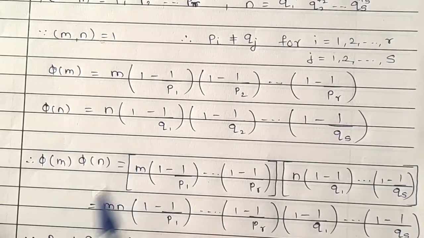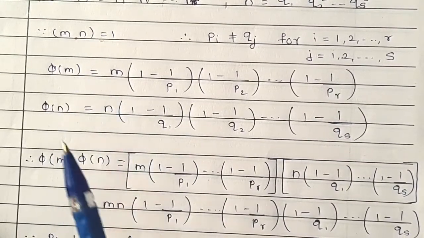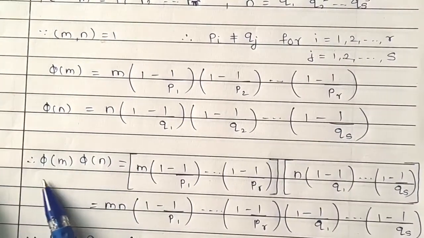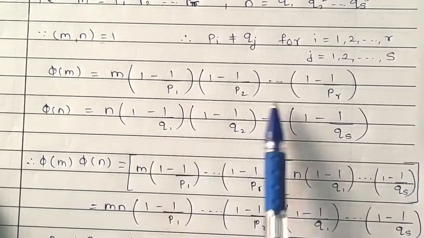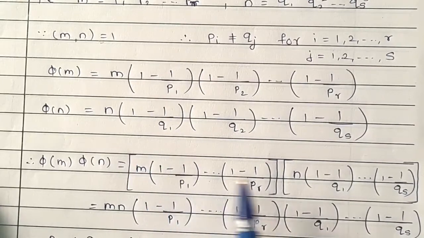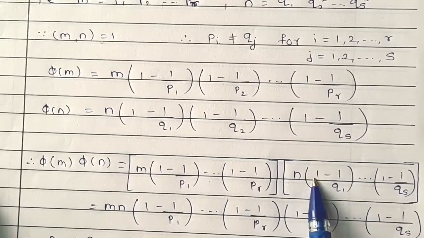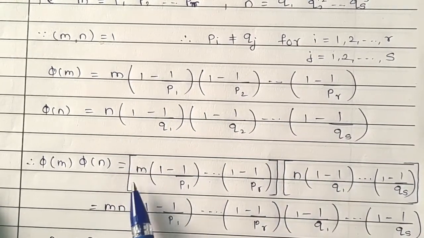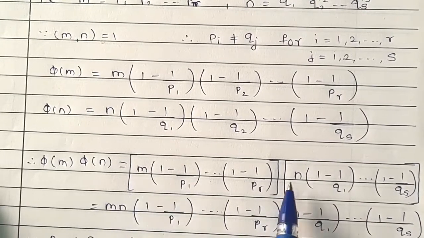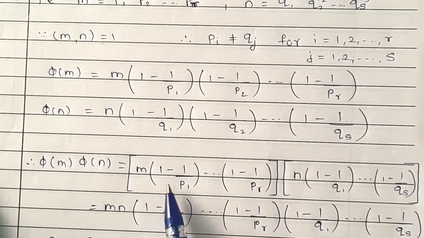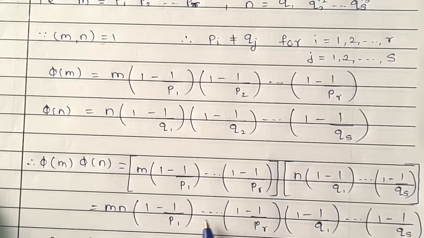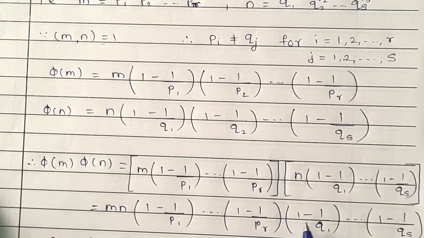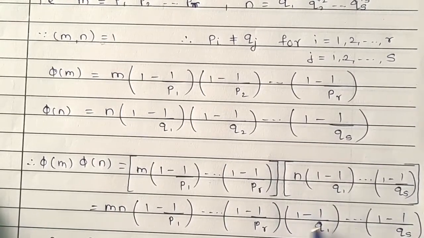Similarly for n we write with the q values. Now if we take the multiplication of these two, then phi m into phi n is equal to the value of phi m here and phi n here. So we take m and n outside and we multiply 1 minus 1 upon p1, and so on, 1 minus 1 upon pr, into these q values.